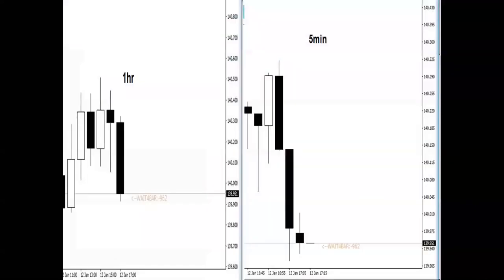All right. So here we have the 1-hour candle. This candle starts on the 5-minute right over here, right? So now notice we have this wick here, right?